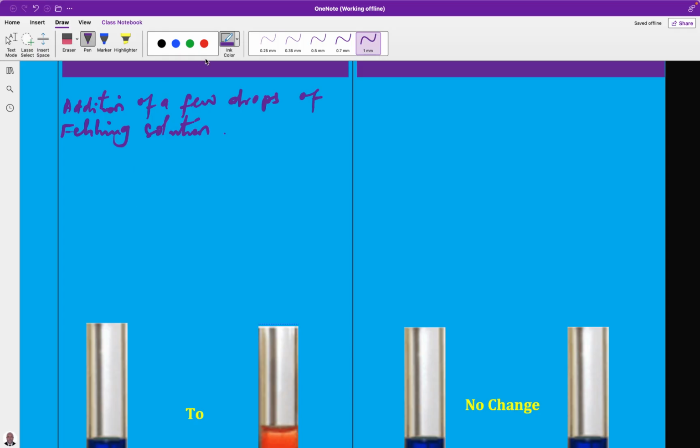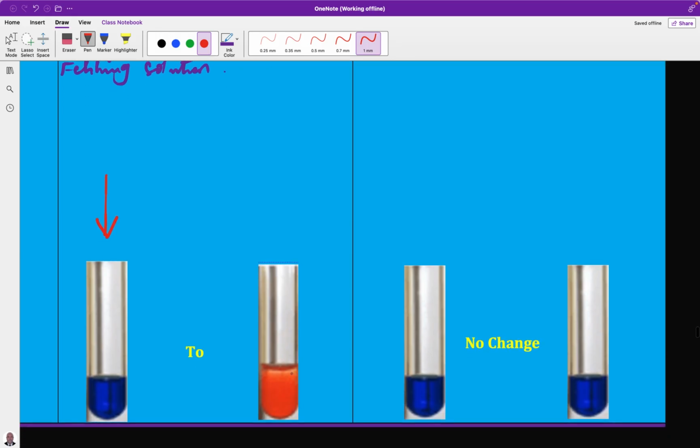If we put it here, this is what we'll get. A red-orange precipitate is formed.